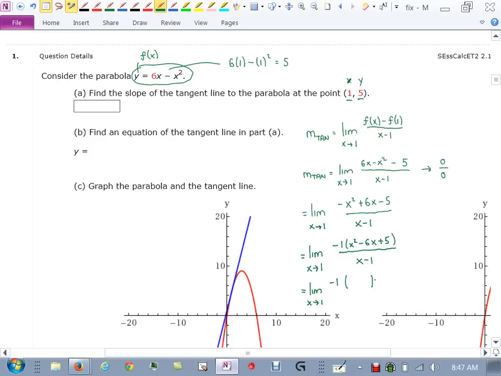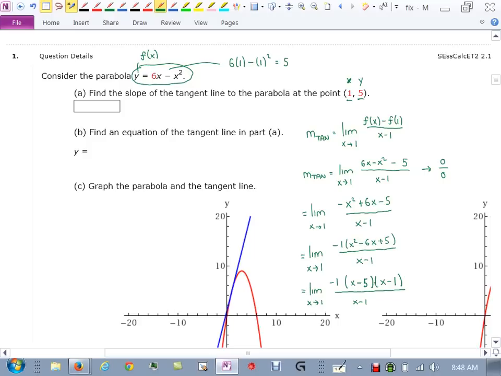Let's see. That factors to be x minus 3 times x minus 1 all over x minus 1. So just, you can double check. I'm sorry, I said x minus 5 times x minus 1. Double check this here. X squared, we get minus 1x minus 5x plus 5.